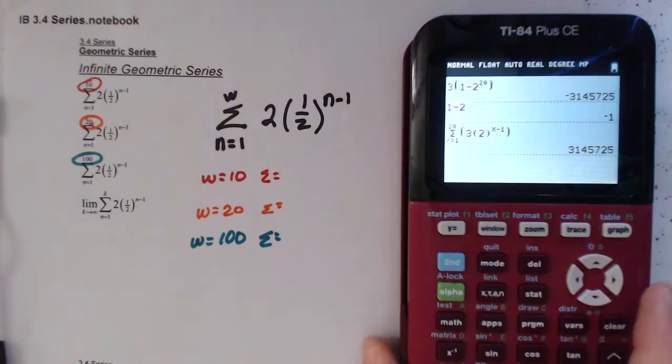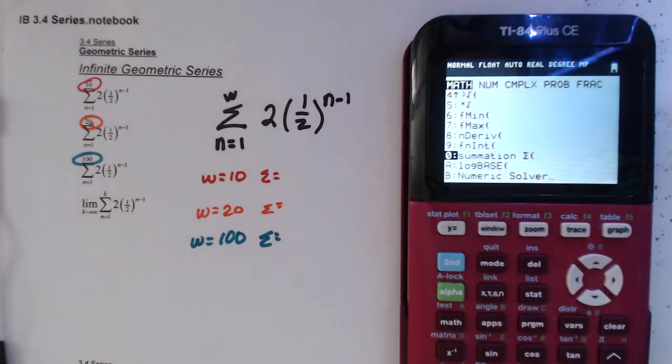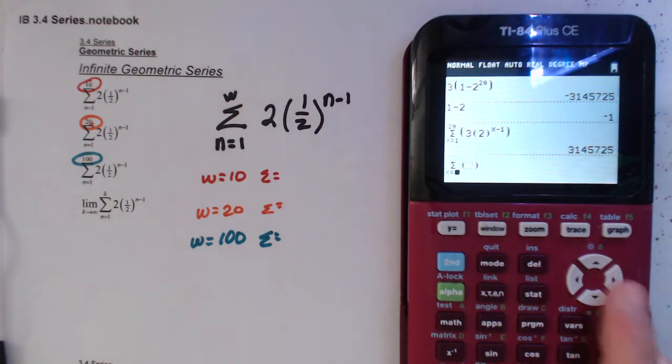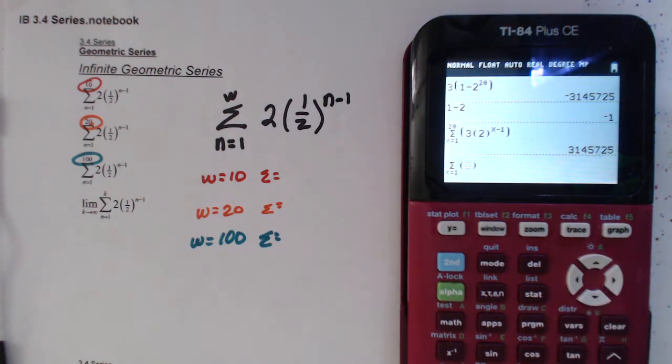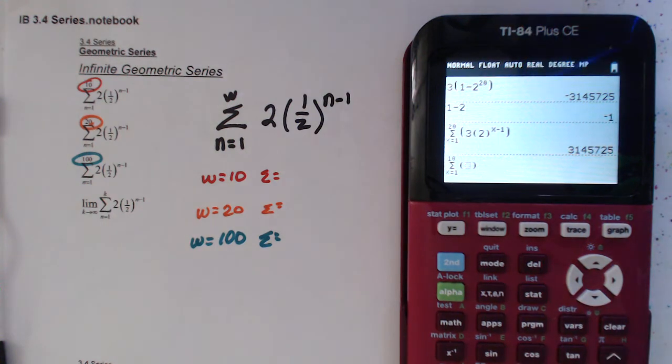So I'm going to type in my summation, so math, summation, x is equal to 1, and this is what we're going to change. So 10, and then 2, parenthesis, 1/2, raised to the x minus 1.